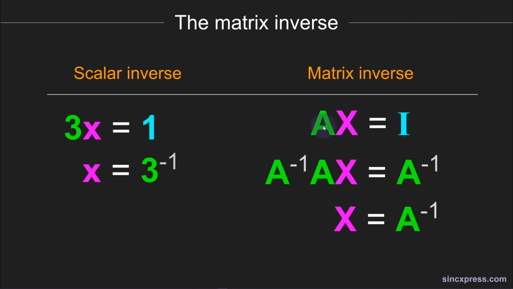Now, what's tricky about this equation is that not every matrix has an inverse, so it's not always possible to come up with some matrix such that the matrix inverse times the original matrix gives you the identity matrix. That's quite different from normal algebra, where any number except for 0 has an inverse. So here, that's not necessarily the case.